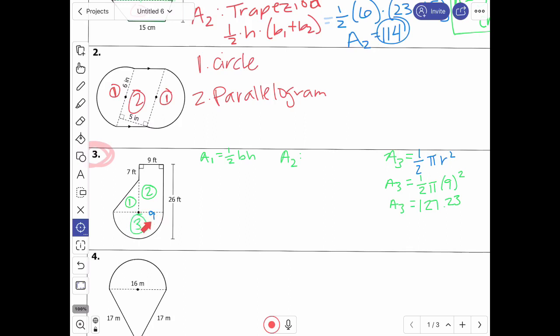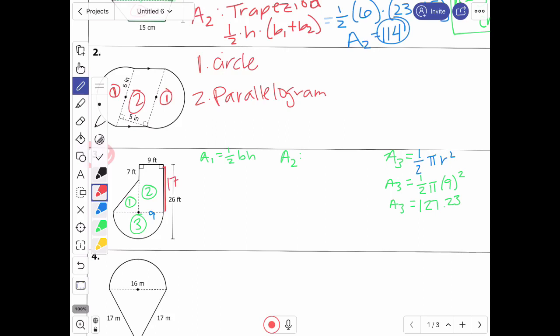So if I drew a line from the center to the outer ring, the circumference of the circle, it's going to be 9 everywhere, right? So really we could say the height of this circle is 9. So I'm going to subtract 9 from 26 to get the actual length of this side of the rectangle. Okay? So 26 minus 9 will give me this side length of 17.